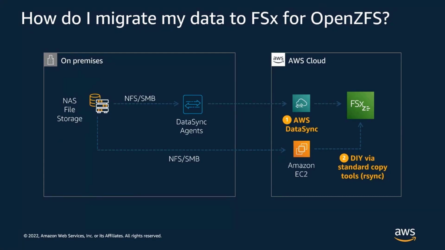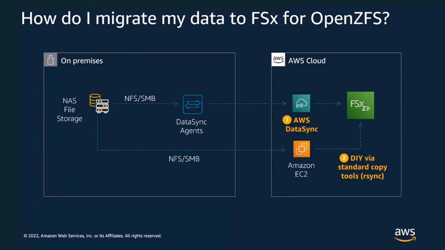The first option is to leverage a fully managed service like AWS DataSync. In doing so, you need to set up DataSync agents in your on-premises environment, and it offers fully managed data replication to your FSx for OpenZFS file system. It's fully managed, so you don't need to worry about setting up any connectivity or any individual clients.